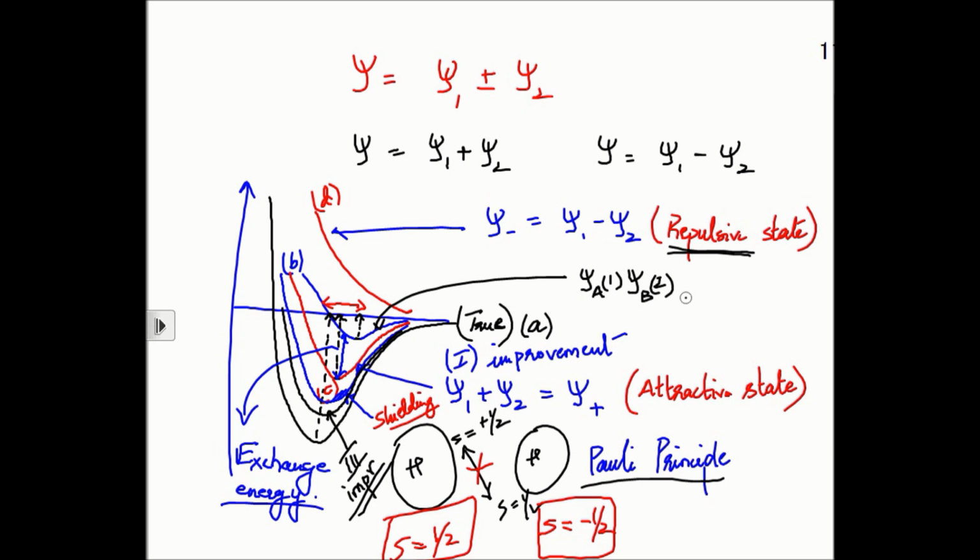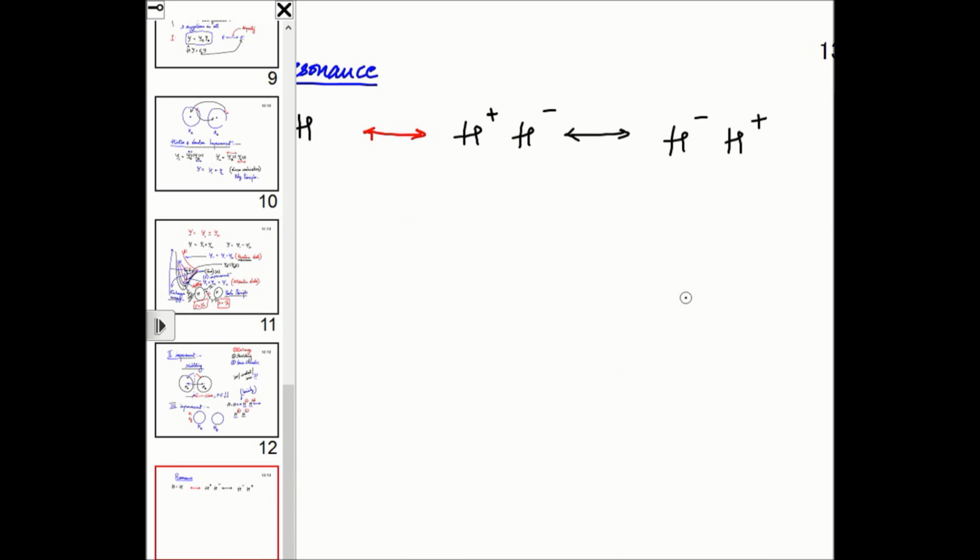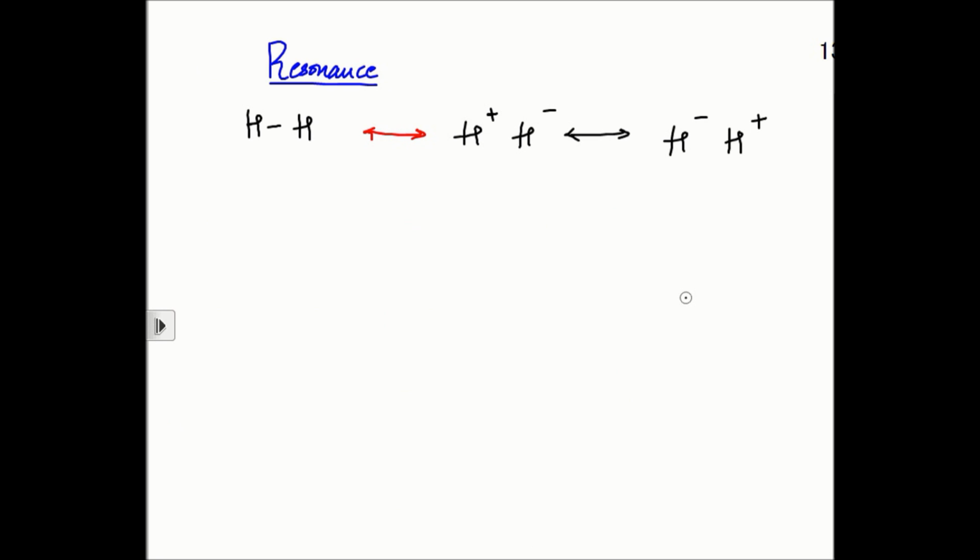If I have to put a value for the wave function for both of them, psi A1, the proton A is associated with electron 1, the proton A is associated with electron 2. Which structure am I talking about? 1, 2 or 3? Psi 1 is for which one?